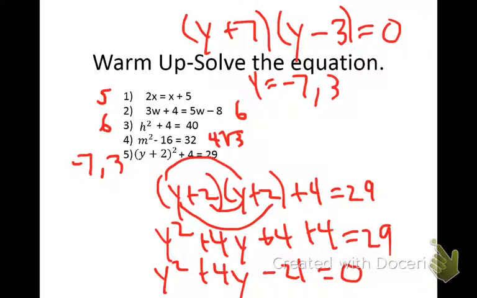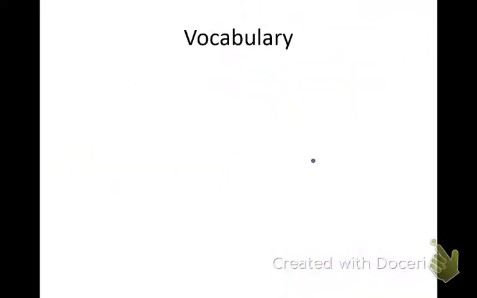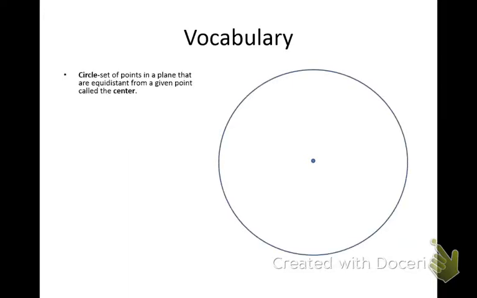Moving on. Vocabulary. Circle is a set of points in a plane that are equidistant from a given point. So I have my point, all the points the same distance from that point make a circle.